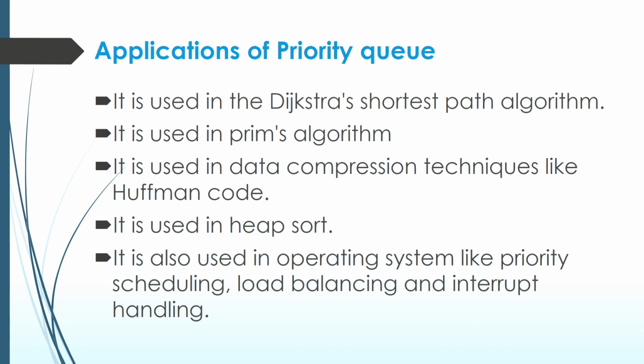We will learn that algorithm later, right? The second one is it is used in Prim's algorithm. The third one is that it is used in data compression techniques like Huffman code. The fourth one is it is also used in heap sort. The final application is that it is also used in operating systems like priority scheduling, load balancing and interrupt handling.